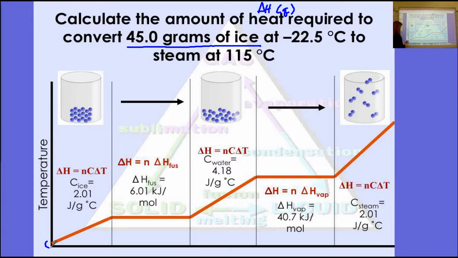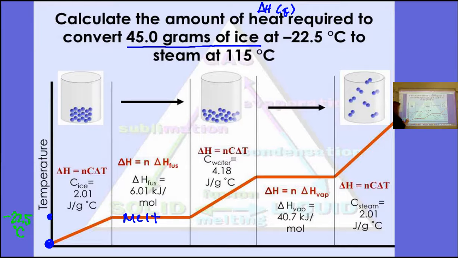So let's label our temperature diagram. Way down here, you're starting at negative 22.5 degrees Celsius. Then, it looks like I'm going to heat up a little bit, up to right here. This is where the ice is going to melt. If it's any substance other than ice and water, I'll have to give you a melting point. So your melting point right here for ice is 0 degrees Celsius.